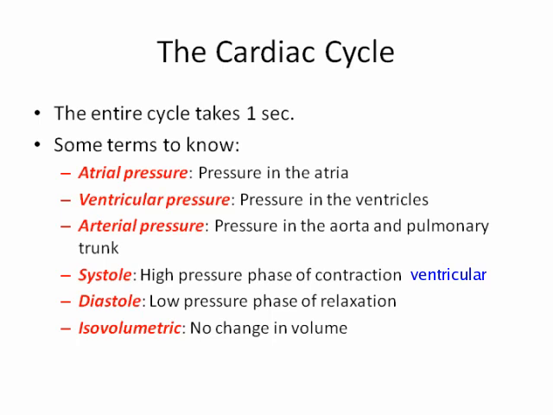So the first three, atrial pressure, ventricular pressure, and arterial pressure, deal strictly with the pressure found within the various regions or chambers of the heart, whereas systole, diastole, and isovolumetric deal strictly with the pressure found within the ventricles during both the phase of contraction and the phase of relaxation.